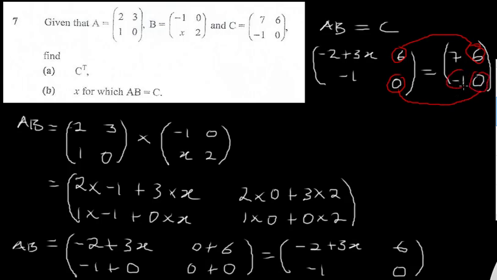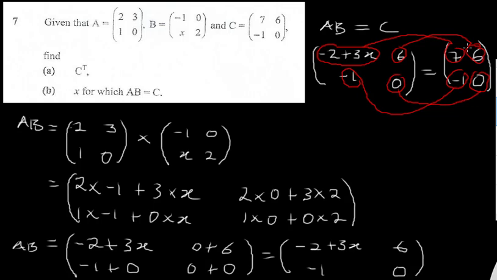This -1 is with this -1 here. And this -2 plus 3x is supposed to correspond with the 7. Do you see that? So you find that 3 out of the 4 numbers that we have in the matrices are already equal. So this is already telling us to say we've done the right thing.